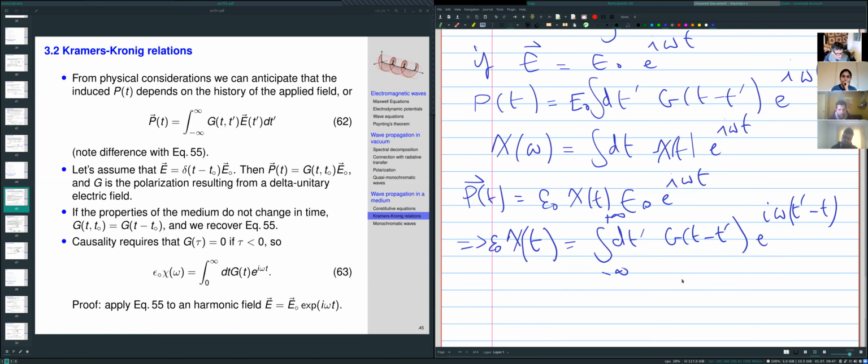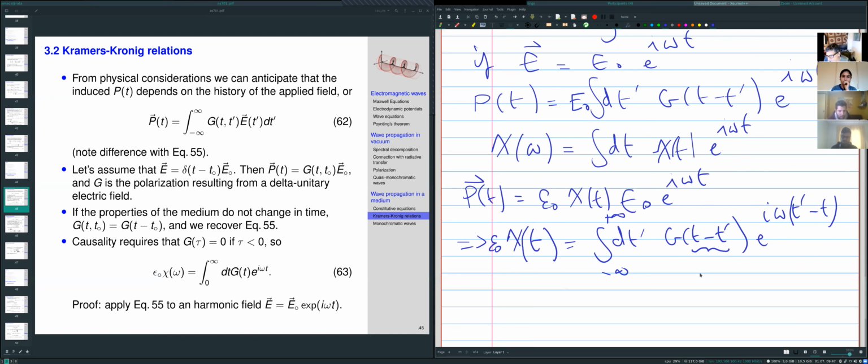This was obvious to me when I saw it. I did so many times, but now I can't see it so obviously. But yes, so this is t minus t prime, and this one is, okay, so this is going to be, wait, this is the opposite of this one.